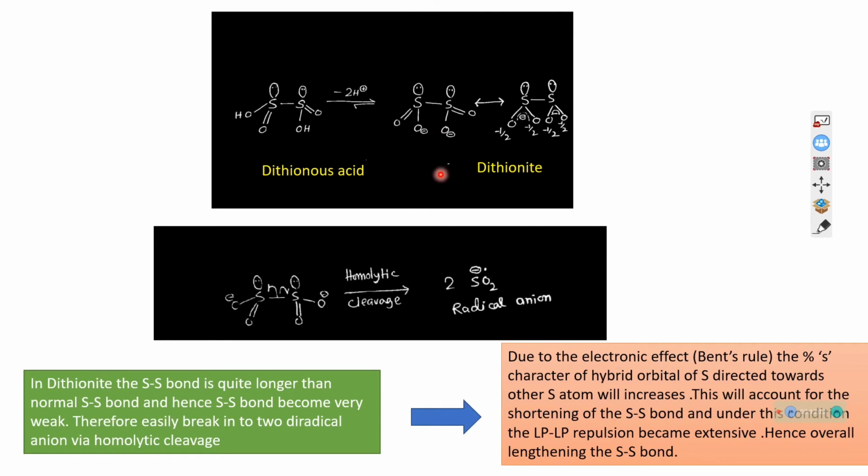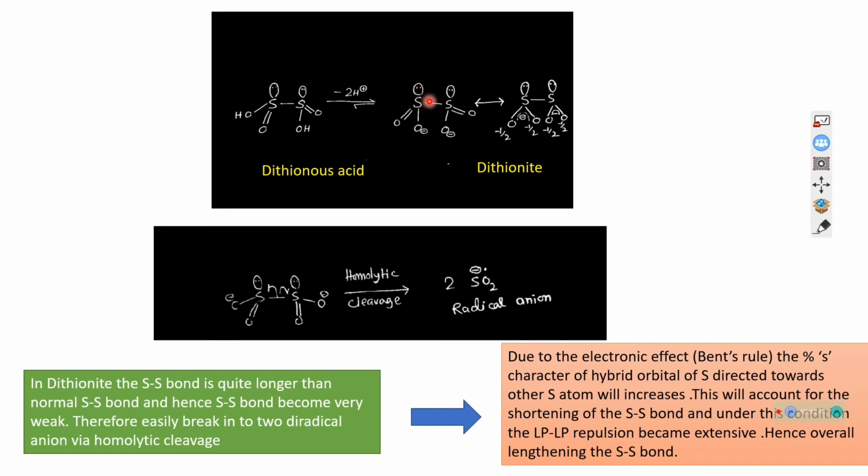From Bent's rule, what is the result? In this case, Bent's rule says that this S-S bond becomes shorter. When this bond becomes shorter and the sulfur atoms come close to each other, under this condition the lone pair repulsion becomes very extensive.